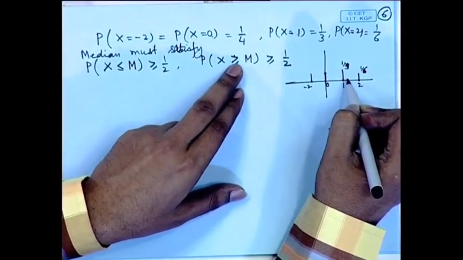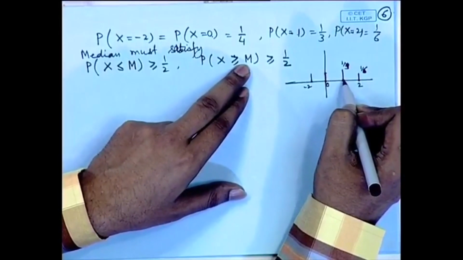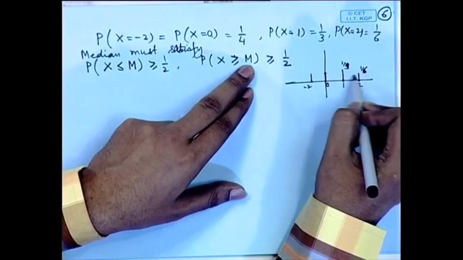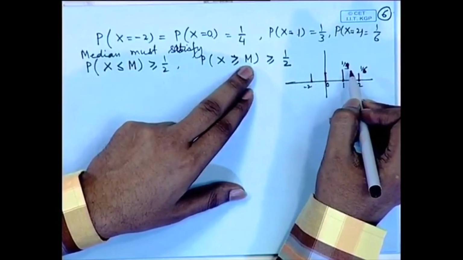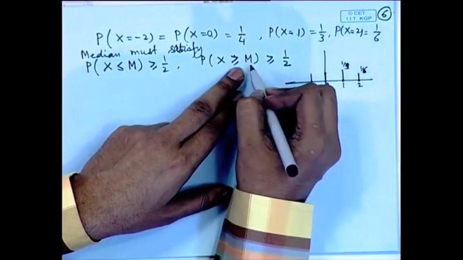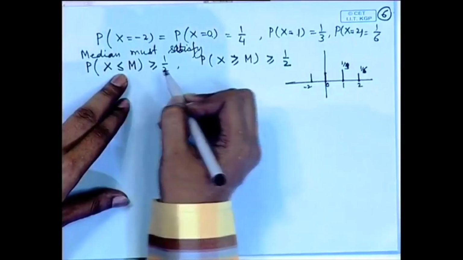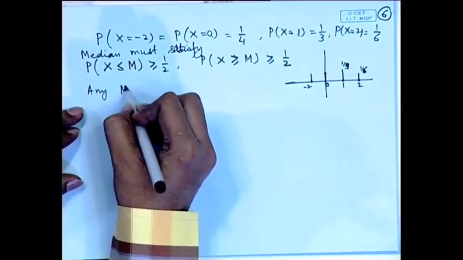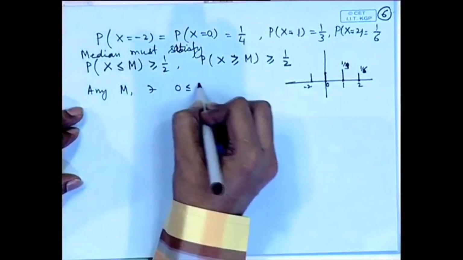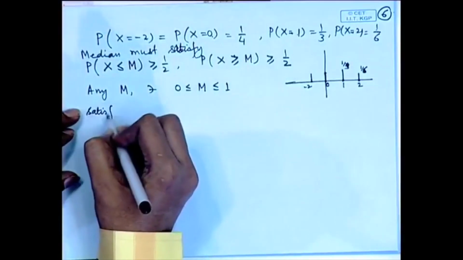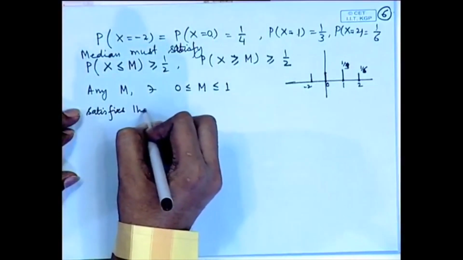In fact, if I consider probability X greater than or equal to 1, then it is equal to probability X equal to 1 plus probability X equal to 2, which is equal to half. So, any point which is less than or equal to 1 will satisfy the second condition. Any point which is greater than or equal to 0 will satisfy the first condition. So, any m such that 0 less than or equal to m less than or equal to 1 satisfies the two conditions.